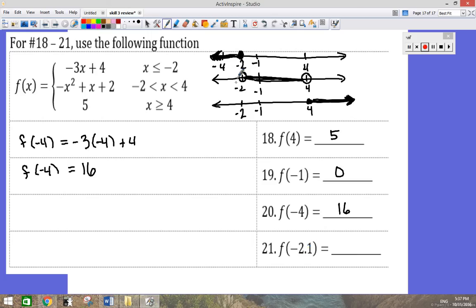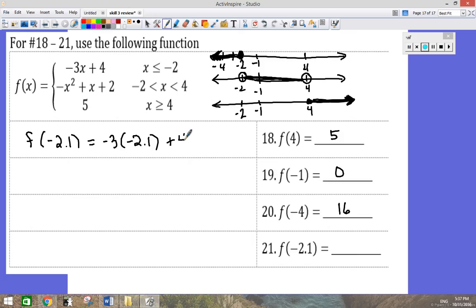Now what about this decimal number? Well, negative 2.1 is slightly to the left of negative 2. So we're going to use, again, this top equation. So let me erase our previous work. If we evaluate this function at negative 2.1, that is smaller than negative 2. So we have negative 3 times negative 2.1 plus 4.